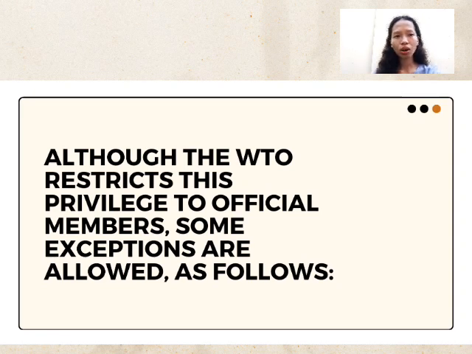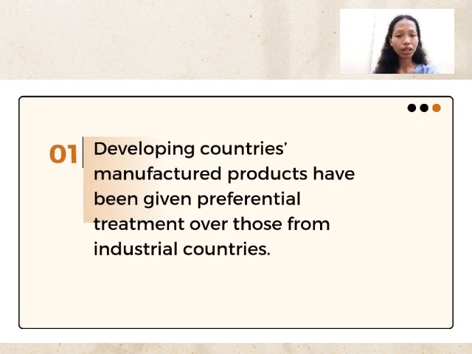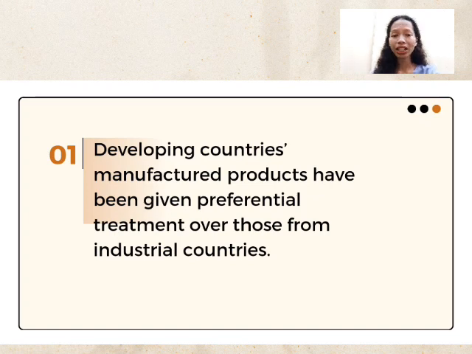Although the WTO restricts privilege to member countries, some exemptions are allowed as follows. Number 1. Developing countries' manufactured products have been given preferential treatment over those from industrial countries, which means that international trade agreements or trade policies sometimes provide certain advantages or concessions to products originating from developing nations.